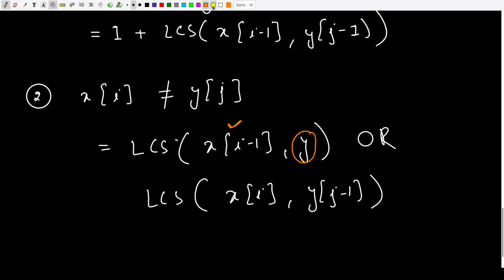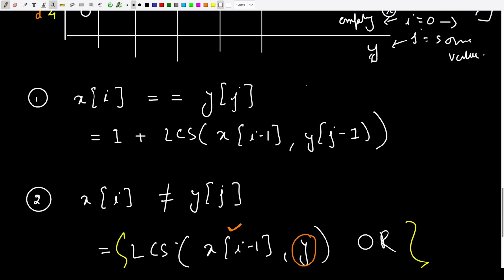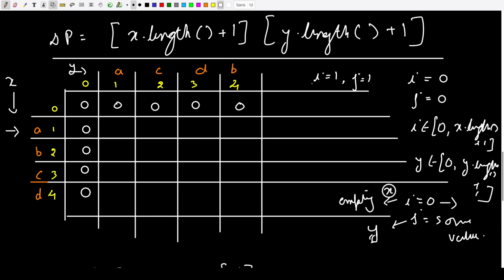In the second, I am taking all characters from x and j minus 1 characters from y. Whichever is maximum will give us our LCS. So now let us apply this logic in order to complete this table.